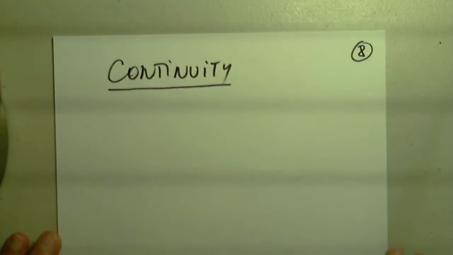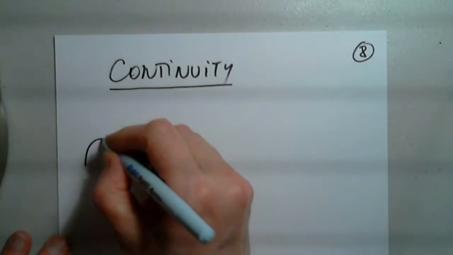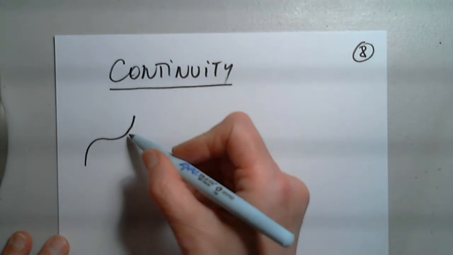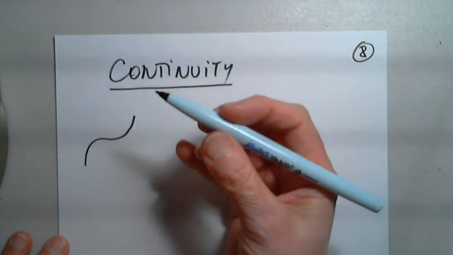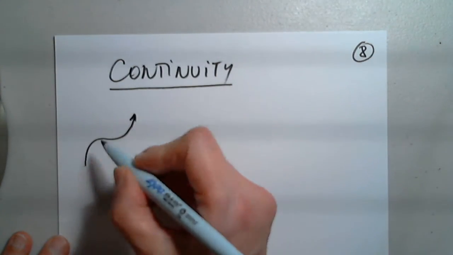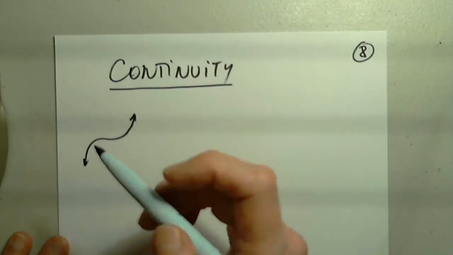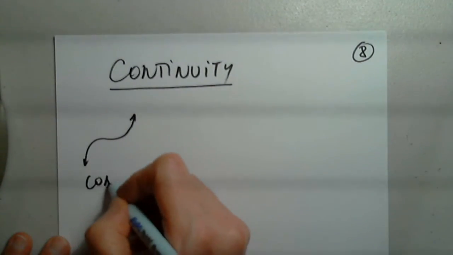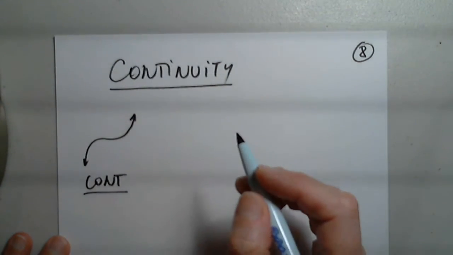Okay, so here's an example. You see what I did? I graphed this function without raising the marker off the paper. I have to, because I want to put arrows, but there was no gap. This function is continuous everywhere.